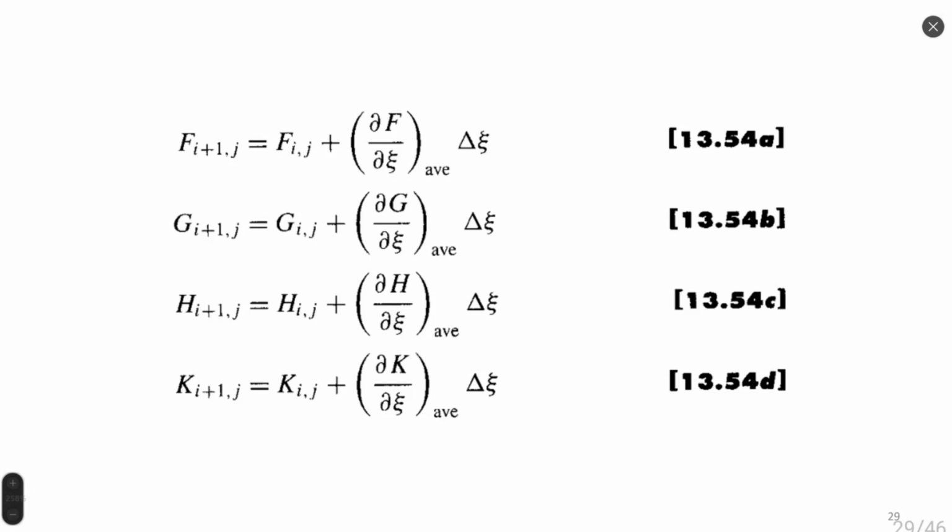For example, on continuity equation, the new right side of continuity equation can be calculated as the old value of this function plus some average derivative multiplied by step on X. It can be called a simple series of first order.